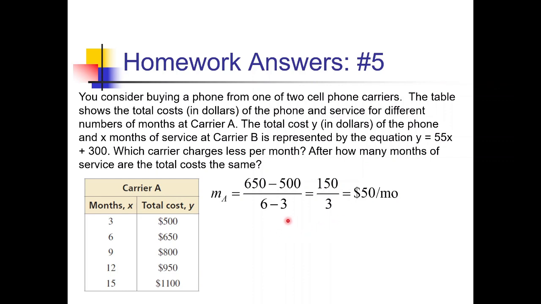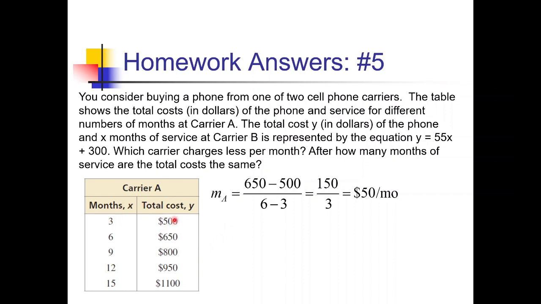Now, before I compare this to the slope of carrier B, I know that I'm going to need the equation of the line for carrier A just for this later part in the problem about figuring out where the costs are the same. So while I'm already thinking about the slope, let me just plug this into y equals mx plus b to get the equation of the line. Now you might be thinking, well, we don't have the y-intercept. We don't know what the cost is at month 0.